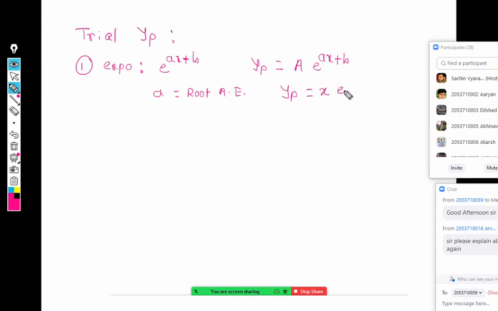Suppose a is a repeated root, then what should be the trial yp? We should multiply by x two times. Are all of you getting this part?